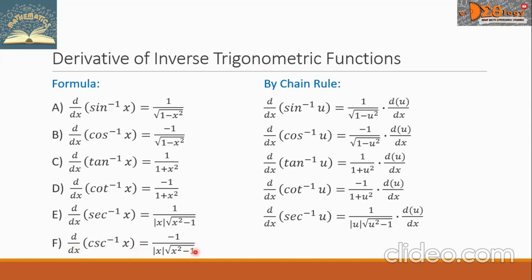This is equal to negative 1 all over the absolute value of x times the square root of the quantity x squared minus 1. By chain rule, the formula becomes like this. In here, take note of the similarity of the formula of derivatives for secant inverse and cosecant inverse. The only difference is the negative sign for the cosecant inverse formula.